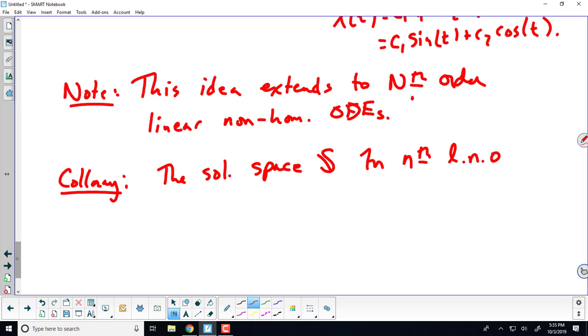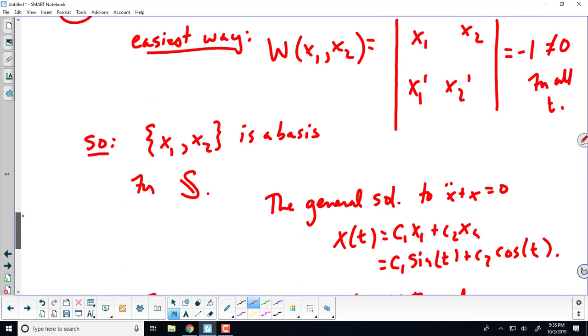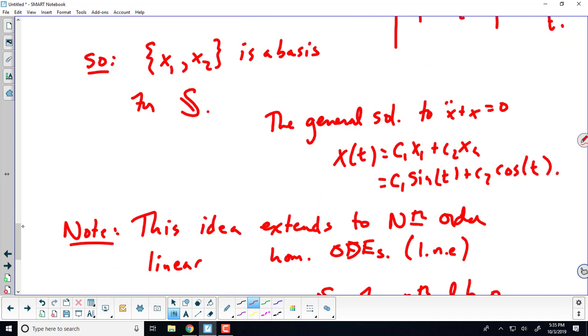I said non-homogeneous, it should be homogeneous. Sorry folks, this whole thing's for homogeneous, right? We set it equal to 0.